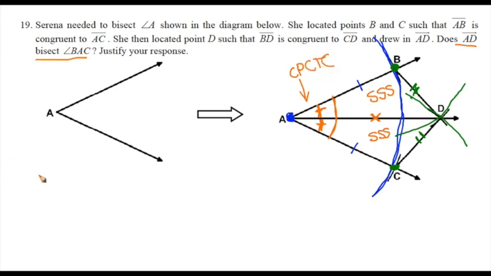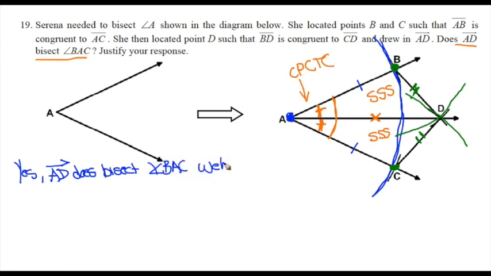So in answer to this question, because it's not a proof, you want to just write in words what's going on. I'm going to write it for you. Yes, AD, ray AD, does bisect angle BAC.